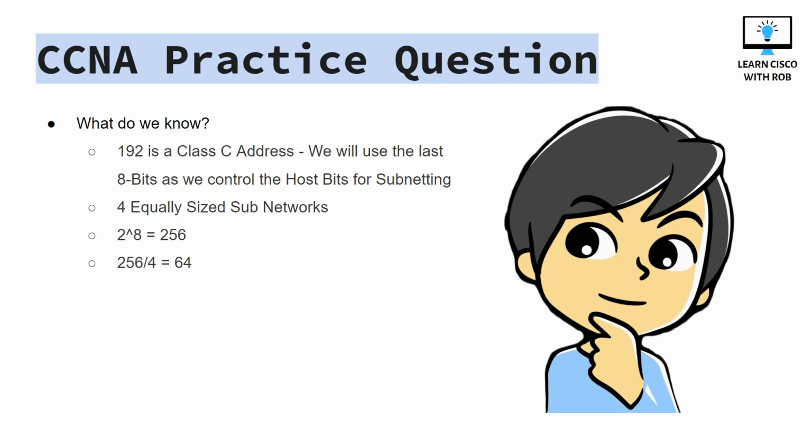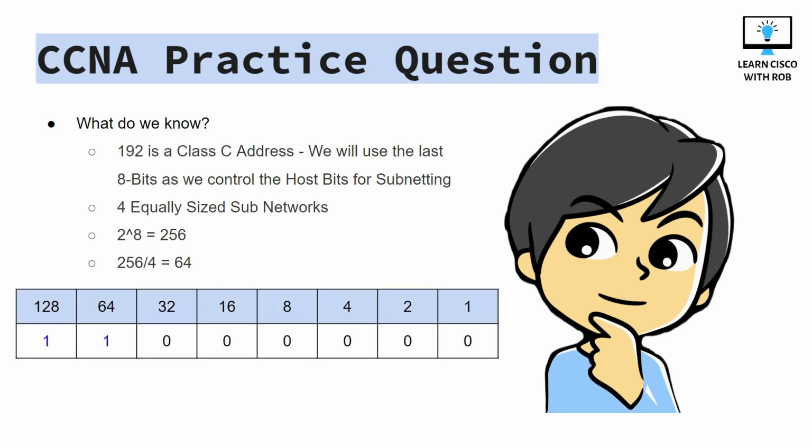The question also asked us to divide the network into 4 equal size subnetworks using the formula 2 to the power of 8, and we're using 8 because we have 8 bits that we can control for subnetting, which leaves us with 256, and it wants us to divide those equally by 4. So we go for 256 divided by 4, which gives us 64. And that can be represented in the table below, where 64 is our magic number.